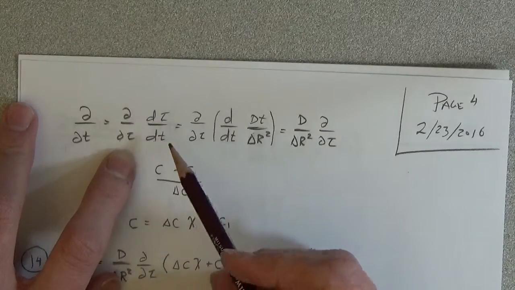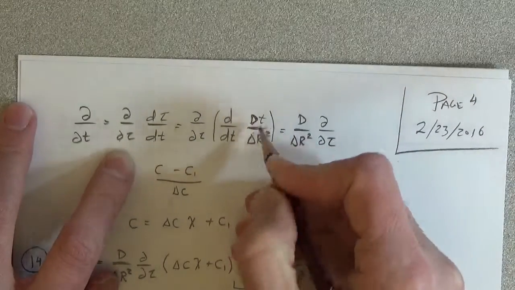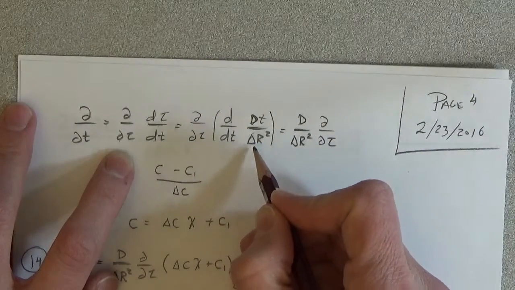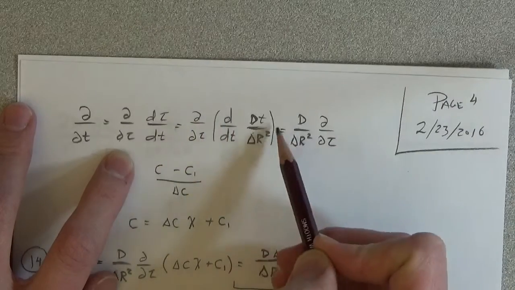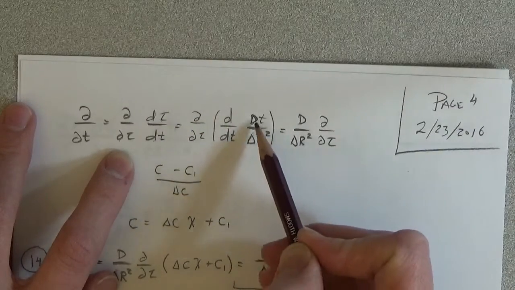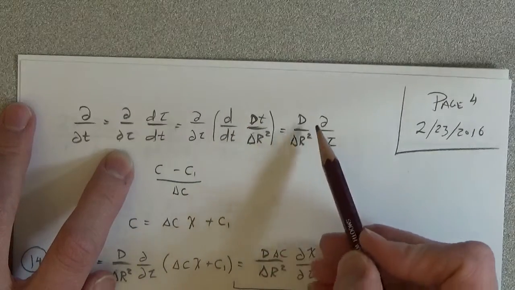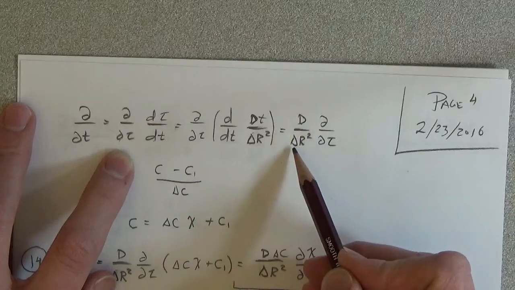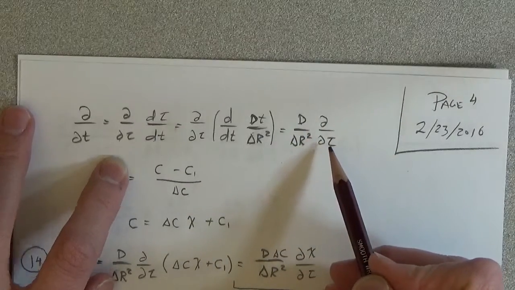Tau, we know, is Dt by delta r squared. So we have d by d tau times D over delta r squared, which simplifies to D over delta r squared d by d tau.